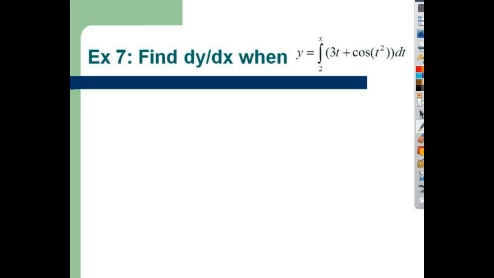All right. So, FTC says find the derivative of an antiderivative. So, dy dx in this case is simply equal to all of this, but everywhere you have a t, you now have an x.